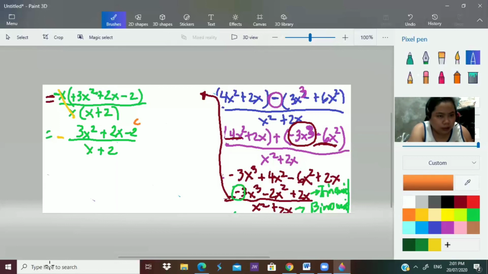So kung ito ang AC, ito ang A. So 3 times negative 2, that would be negative 6. Isip ka ng factor ng negative 6 na ang sum ay positive 2. Ito yung sum. Pero kung mapapansin nyo, meron lang tayong 6 times 1, 3 times 2. Diyan lang iikot yung ating value.